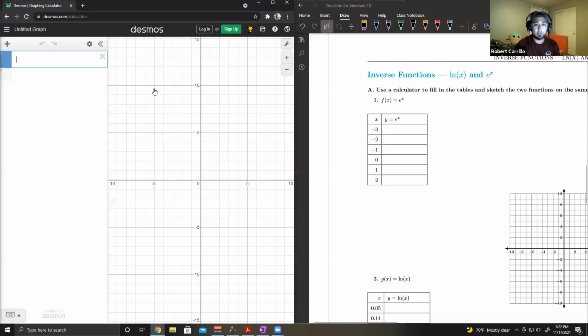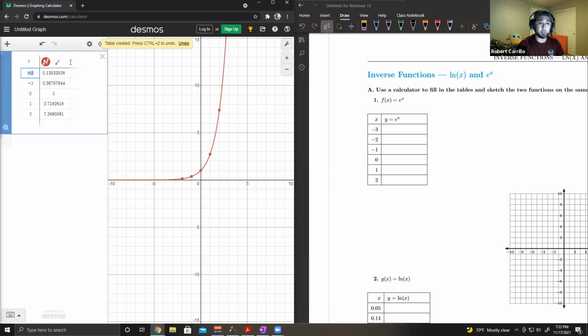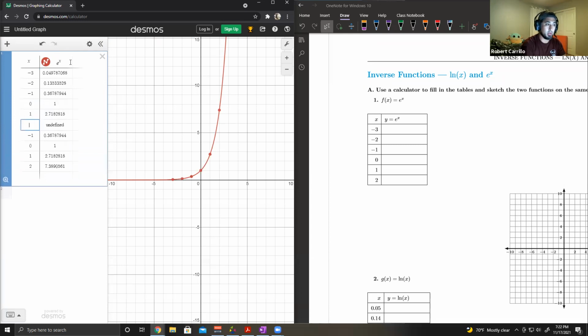I'm going to type in y equals e to the x, and then I'll create my XY chart. So once again, hit that little gear icon up there, click the convert to table, and let's type in the values we're given. -3, -2, -1, 0, 1, 2. All right, and here's what we have.